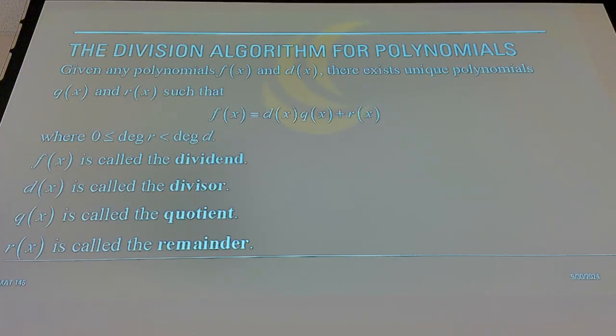Given the pair F and D, what does it mean for the pair Q and R to be unique? What does unique mean in everyday language?